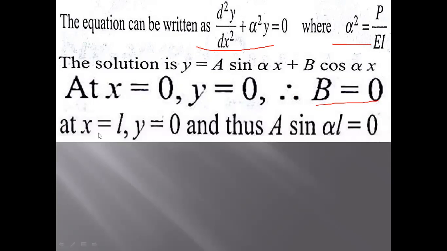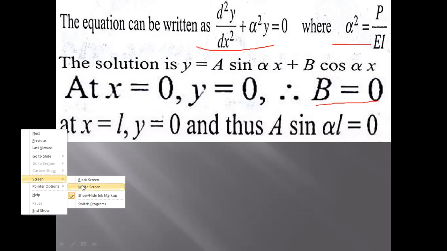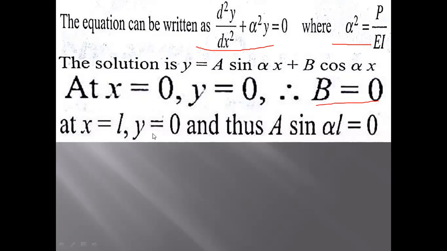Now the second end condition is x = L, y = 0. If I put this condition in the solution y = A sin αx + B cos αx, then what will happen? You see, y = 0, and here B is already 0, so this term is 0.